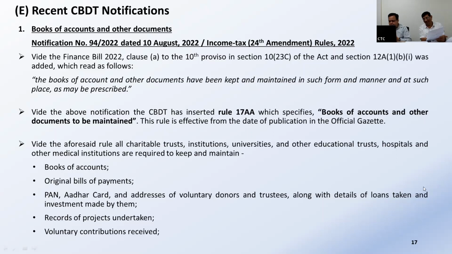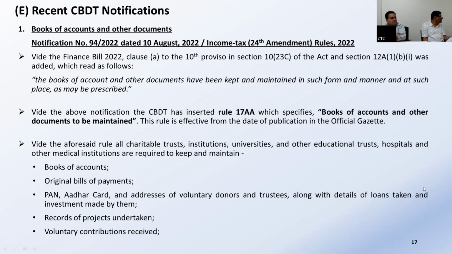The general opinion is that the Act will prevail. I have checked even the website, in case there was a printing error. It is 1/4/23. So the maintenance of books of account is prescribed from 1/4/23.